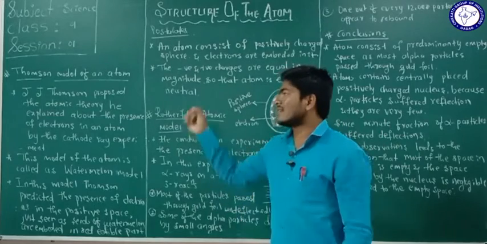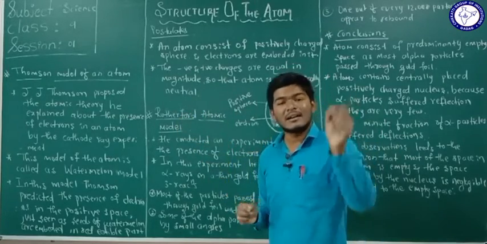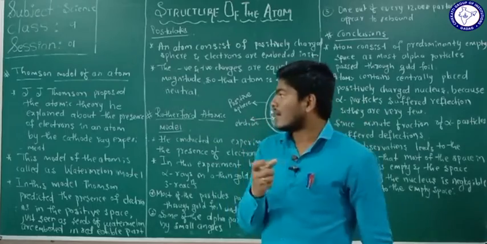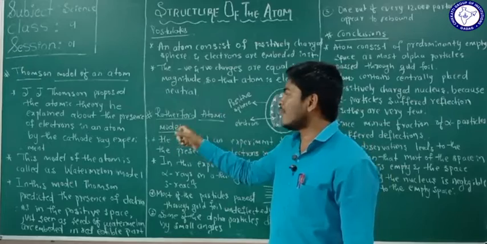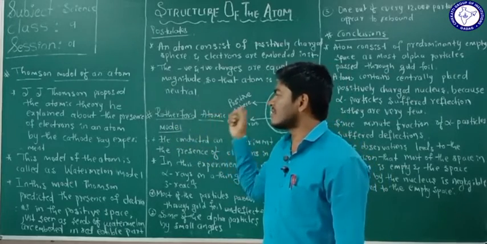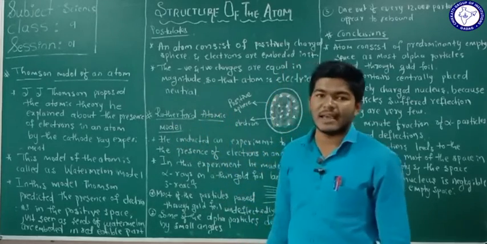According to this, J.J. Thomson considered that atoms also have subatomic particles. See, J.J. Thomson proposed the atomic theory. He explained the presence of electrons in an atom by the cathode ray experiment.